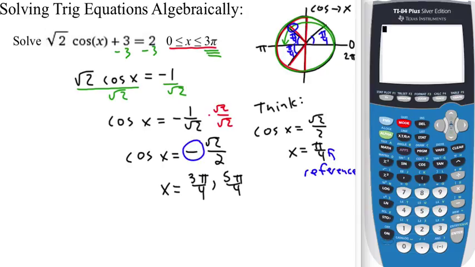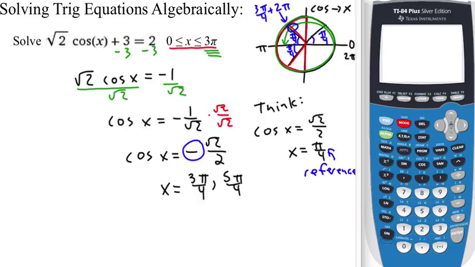So that means my answer here is going to be 3 pi over 4, 5 pi over 4, but then again, I'm going to go all the way around the circle from 3 pi over 4, and I'm going to get back to this again. So I can think about this as 3 pi over 4 plus 1 full revolution, which is just another 2 pi.